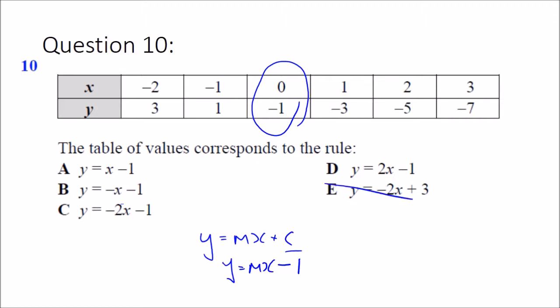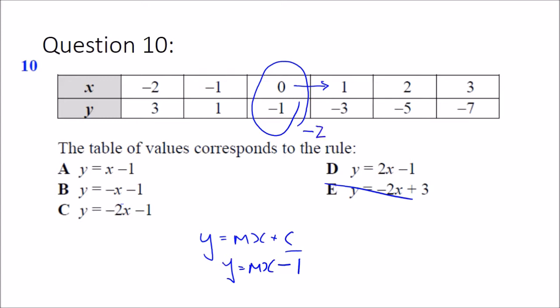Now, what we need to think about next is what is our gradient doing on this graph? So how is our y value changing as our x value changes? The easiest thing to do here is just to look when we go from 0 to 1 on the x-axis, what happens to the y? Now, y is going from negative 1 to negative 3, which means it's changing by negative 2.